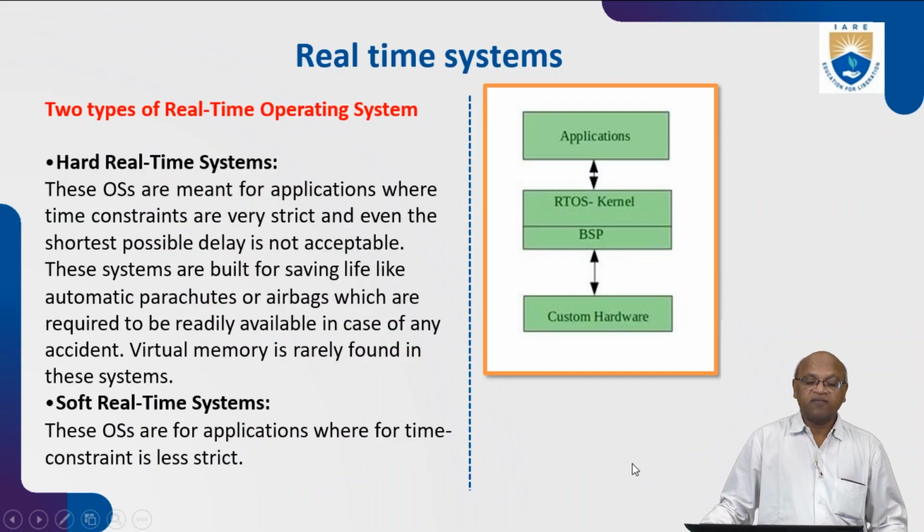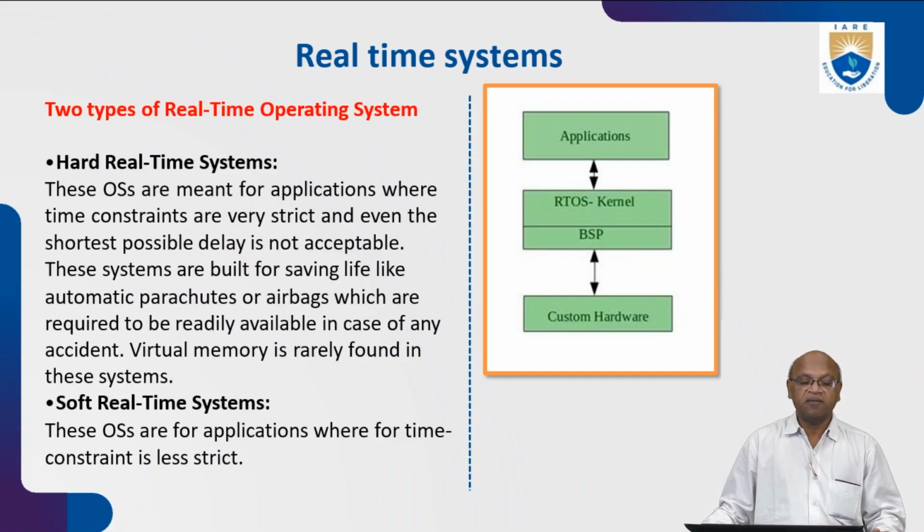There are two types of real-time operating systems: hard real-time systems and soft real-time systems. Hard real-time OS are meant for applications where time constraints are very strict and even the shortest possible delay is not accepted. These systems are built for saving life, like automatic parachutes or airbags, which are required to be readily available in case of any accident.